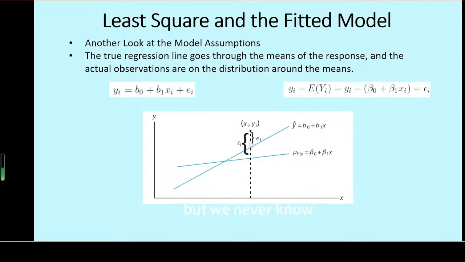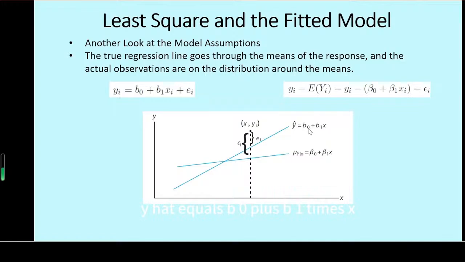But we never know this epsilon between observations and this real line. So this is the estimation of the relationship between y hat and x. So y hat is the mean value for given x. This line is the linear regression line.